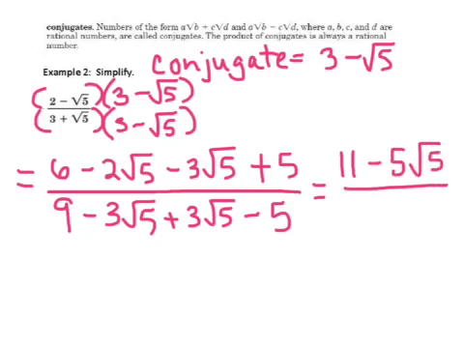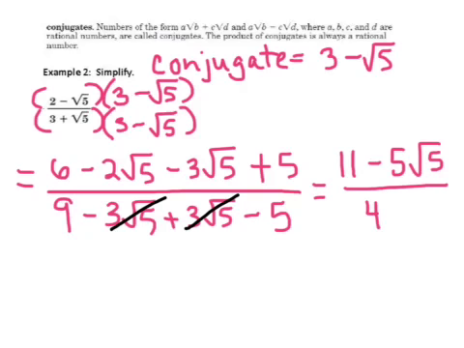In the denominator, we combine the 2 integer components, a 9 and a negative 5, for 4. And also notice that our 2 radical terms cancel since they're opposites.